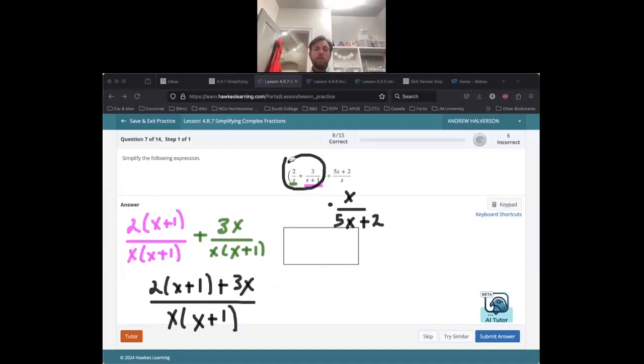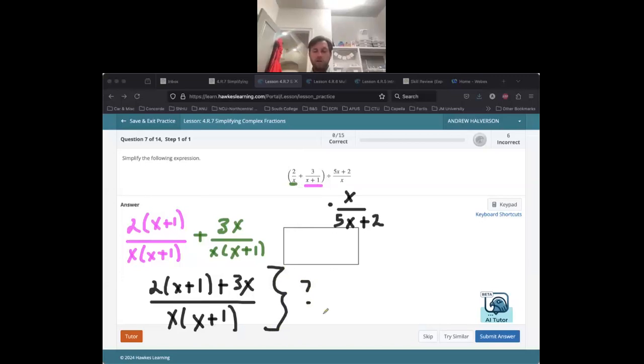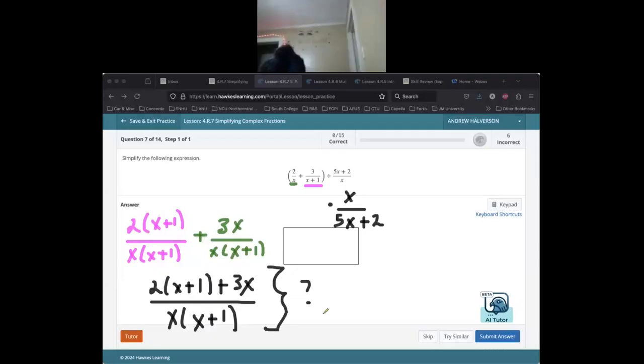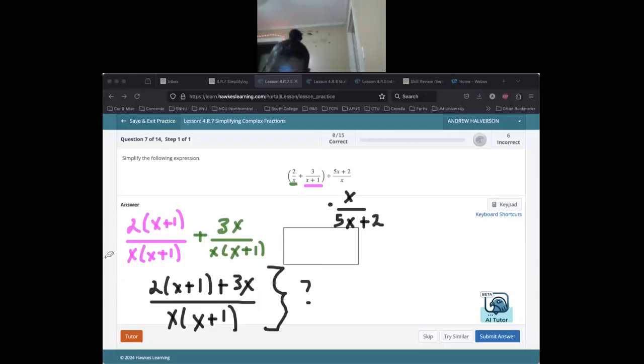Now before we go forward, can I clean this guy up? Can I clean him up at all? Any ideas on how to clean it up? 2x plus 3x plus 1. Close. Very close, actually.